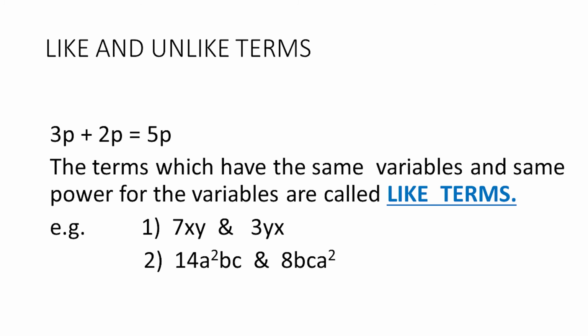We have the same variables, though the order is changed. So they are like terms. Let's take the second example. We have 14a square bc and 8bca square. In this case also, there are the same variables and the same power, that is a square. So they are also like terms.